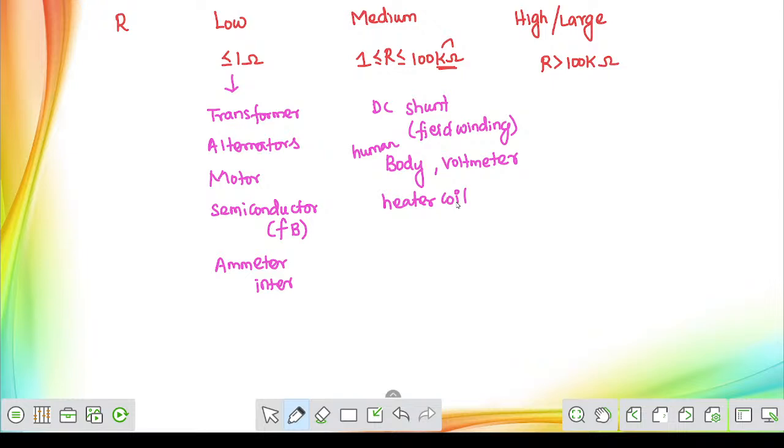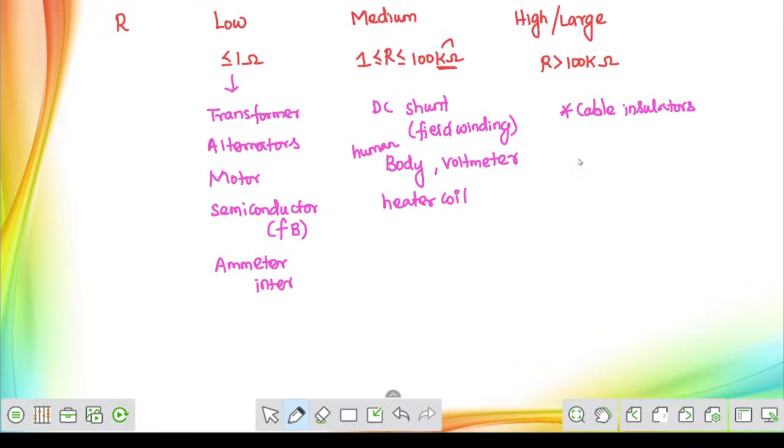Now, for resistance in the high range, greater than 100 kilo ohm, the best example is cable insulation, because insulators only will have this much amount of resistance. So that is the best example.